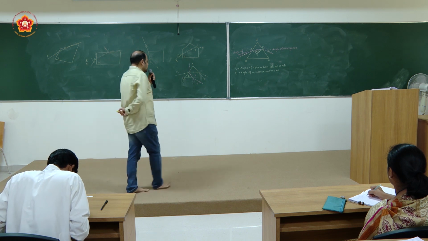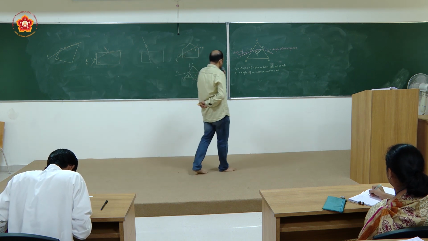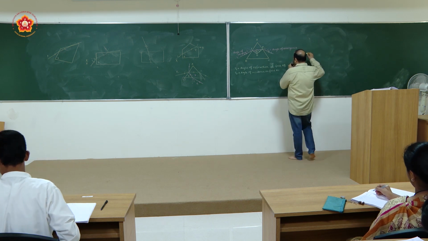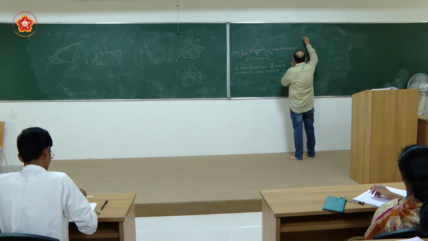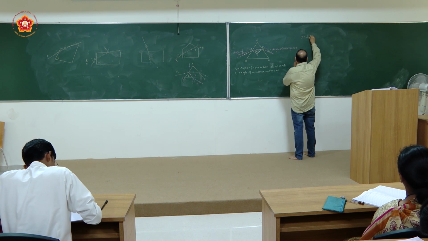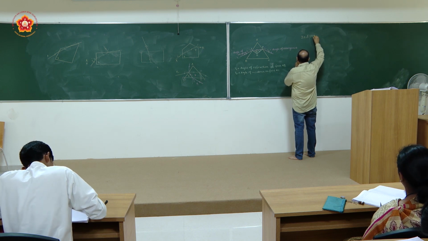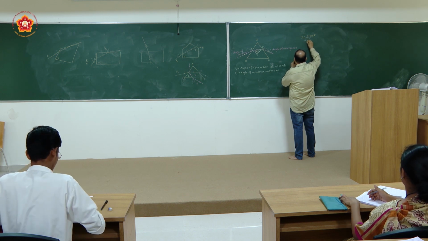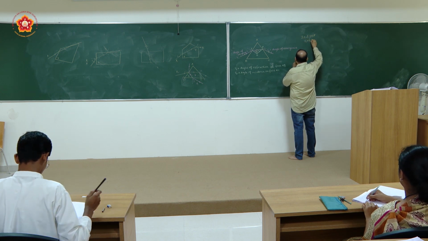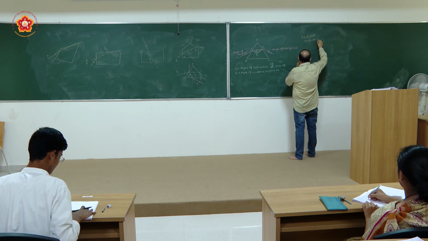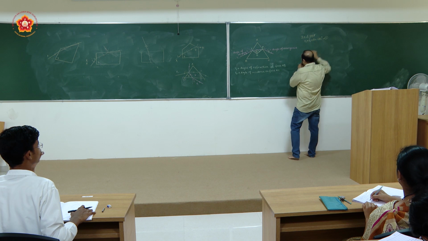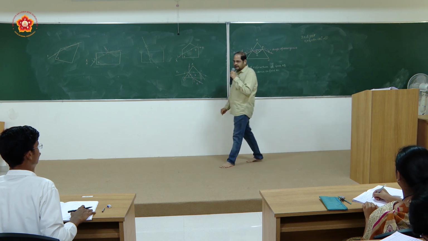Now, once you have done with this, you can put down some relations there. In triangle EDF, can I write down here R1 plus R2 plus theta is equal to 180 degrees?